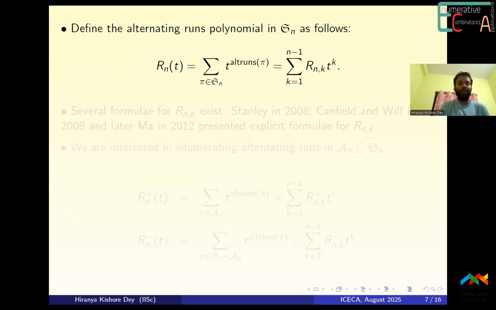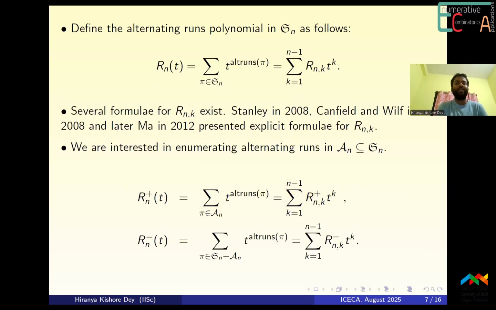The alternating runs polynomial is defined as the generating function of alternating runs over the symmetric group, Rn(t), which is the summation of Rnk t to the power k. Several formulas for this Rnk exist. Stanley in 2008, Canfield and Wilf in 2008, and later Ma in 2012 have presented explicit formulas for these coefficients Rnk.